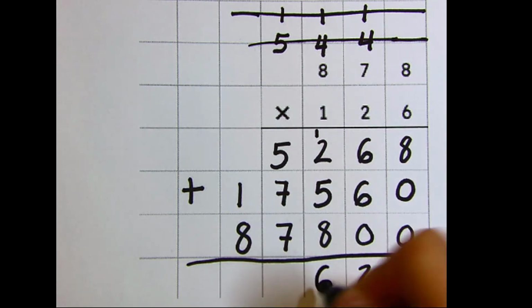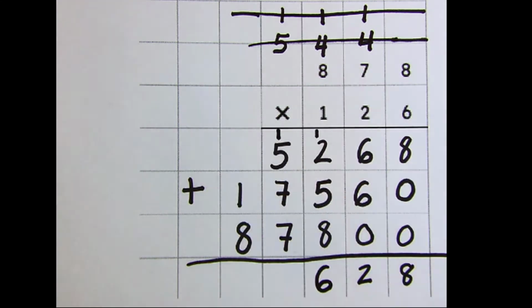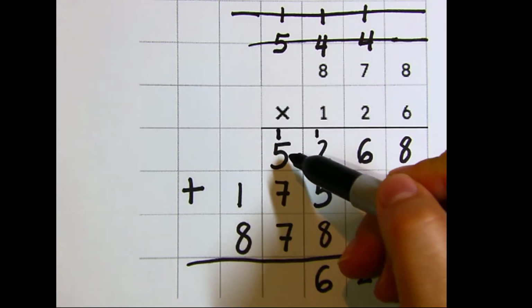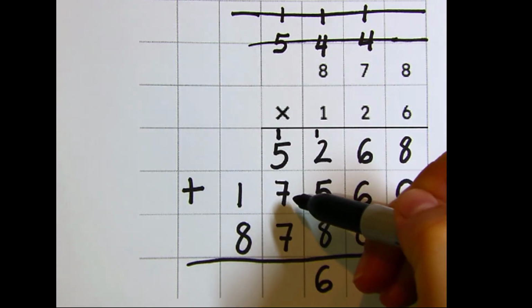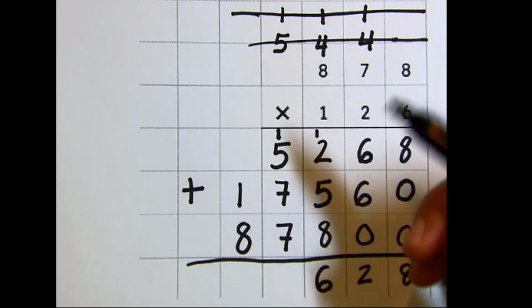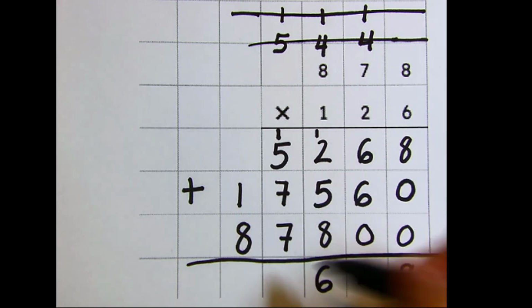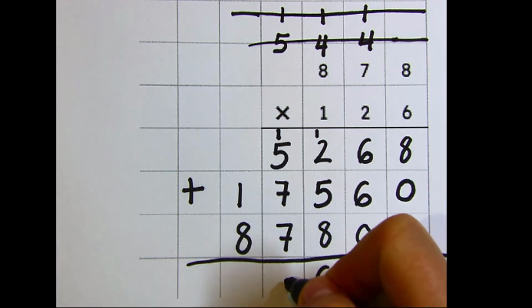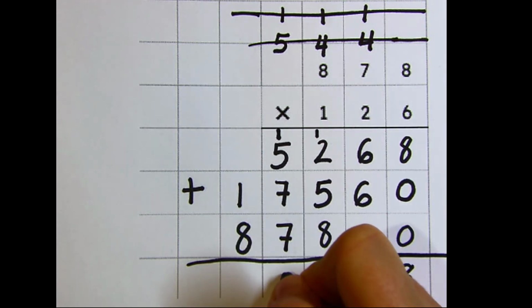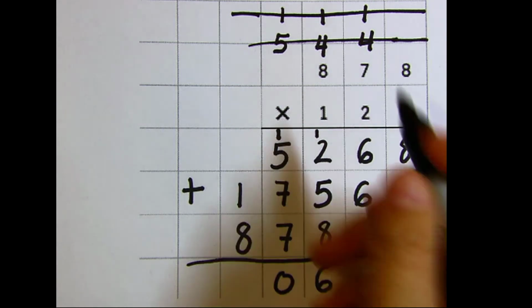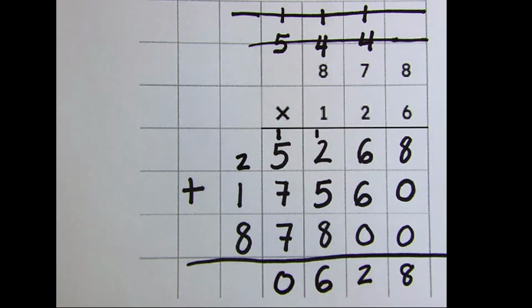So I have a 6, and I carry the 1 to the next column, because 10 hundreds is the same as 1000. 1 plus 5 is 6, plus 7 is 13, plus 7 again is going to give me 20. So that's 20 thousands. So that's the same as having 0 thousands and 2 10,000s.